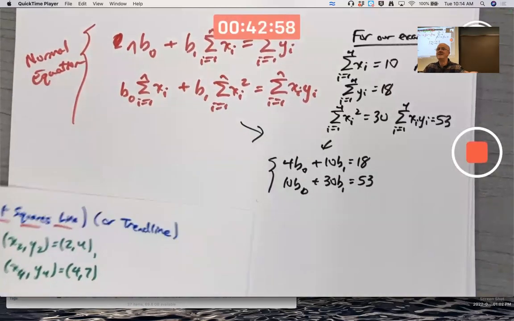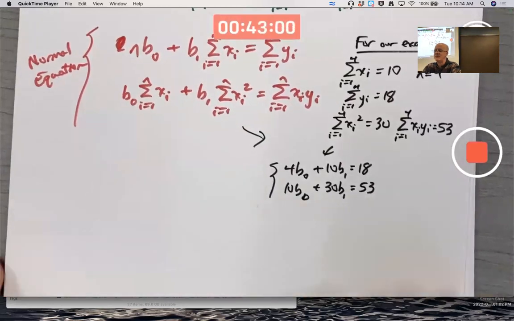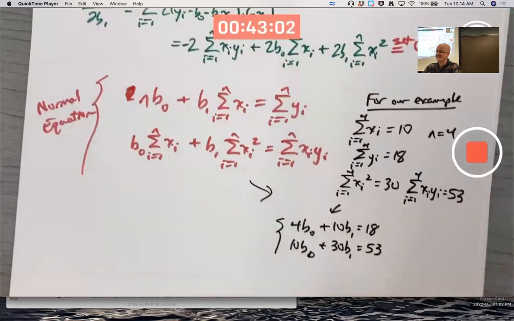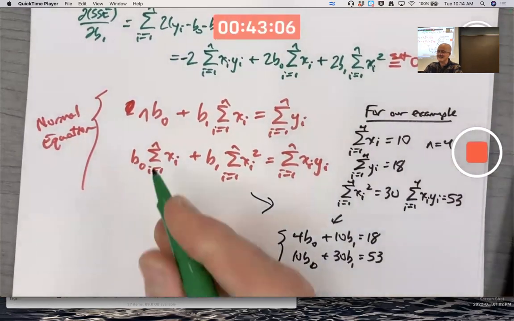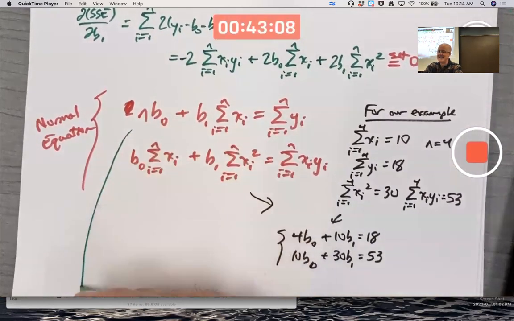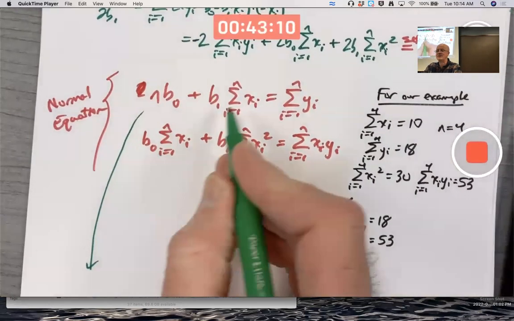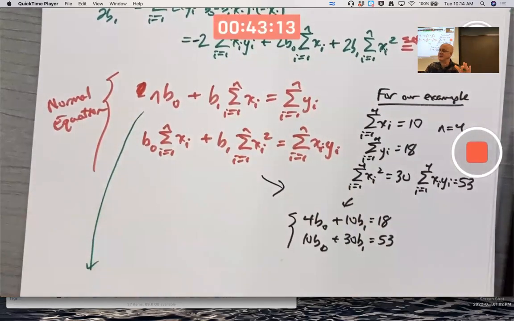Well, let's try, again, before we use technology, to solve this by hand. All right, yeah. Let's solve first this equation. I could try to do row operations. Let me do it with substitution.